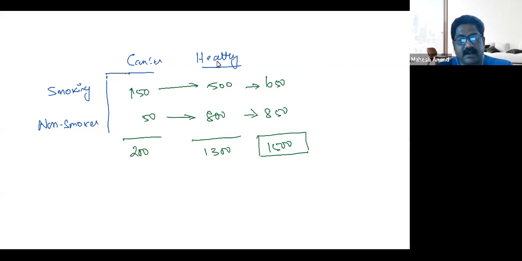Because you might think, how come the people who smoke, 500, how could they be healthy? Maybe they don't have this particular cancer, but they could have different kinds of breathing related disorders, like some other lung problems. Definitely. Rather than using the word healthy, we could say they don't have cancer: cancer cases and non-cancer cases. That could be the apt term. Okay, cancer or non-cancer.